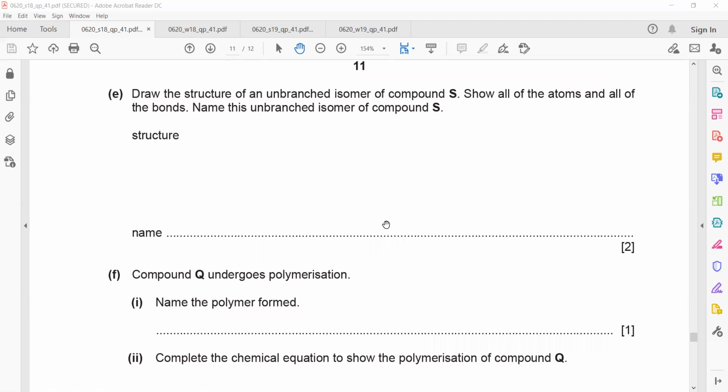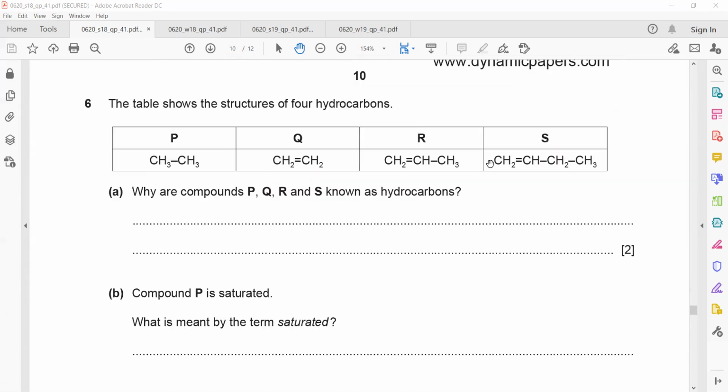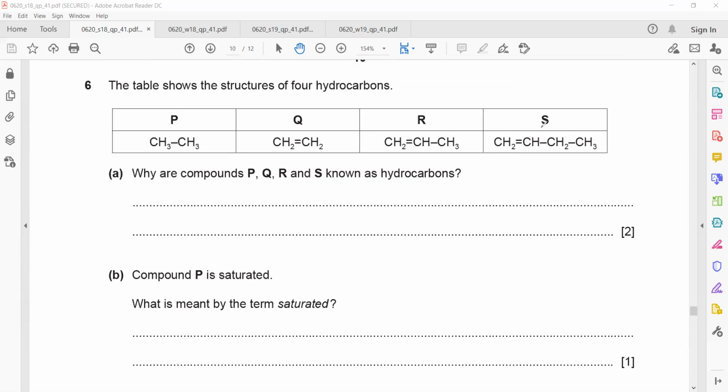Next, draw the structure of the unbranched isomer of compound S, show all the atoms and all the bonds, and name this unbranched isomer. First, what is S here? What is the name of this S? Can you identify the name from the structure?